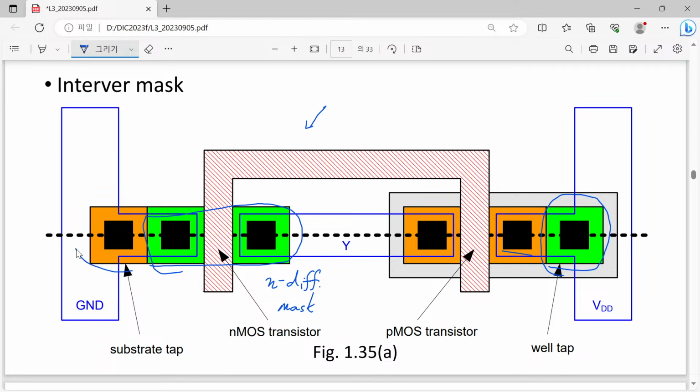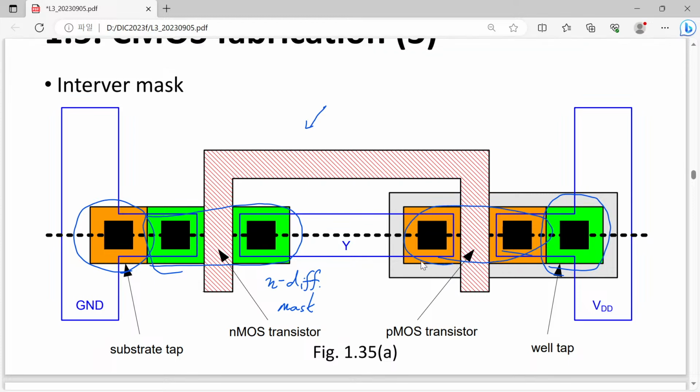And another one, here you have an orange colored one. This one is the P diffusion mask. Also you have another one, like a metal one.